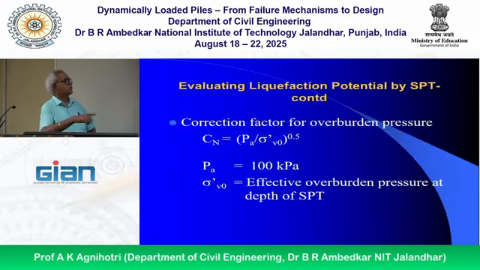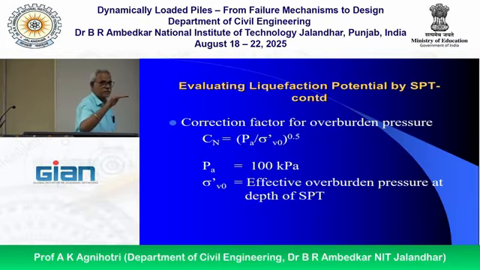Then the correction factor for overburden pressure. For overburden correction, we multiply with Cn. Cn is Pa upon sigma V0 dash raised to power 0.5. Pa we take as 100 kPa, and sigma V0 dash is the effective overburden pressure at the depth of the SPT.